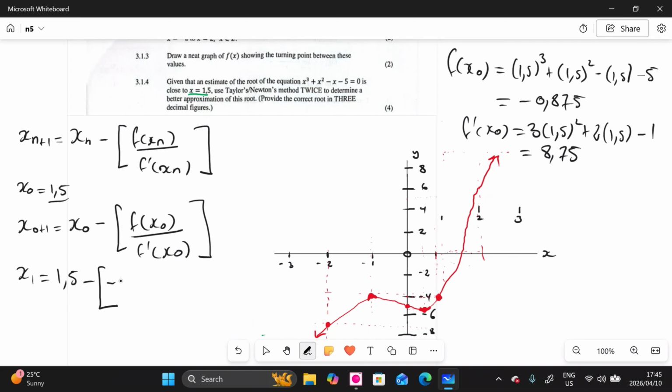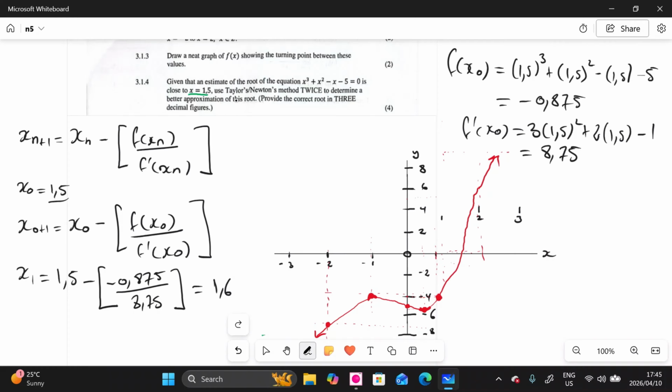So we're going to write negative 0.875. There we go. Divided by f prime of x0, which is this one here. So we write 8,75. Then we close the bracket. Now if you put this on our calculator, our answer here is going to be 1,6. There we go. So our x1 is actually 1,6.